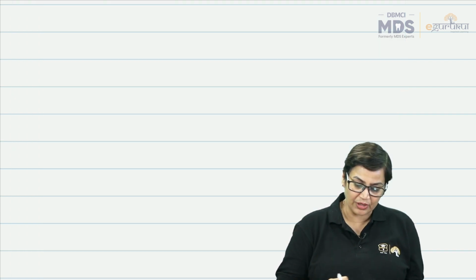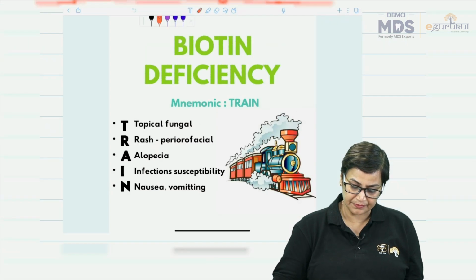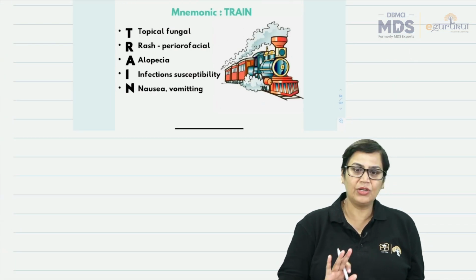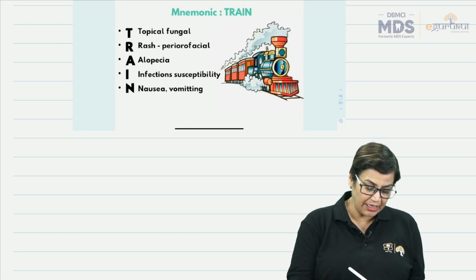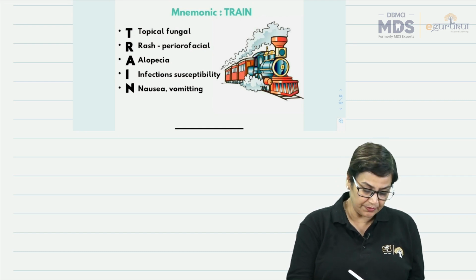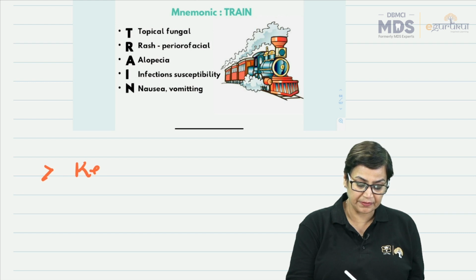And another very important feature about this is, ये तो mnemonic हो गया, then biotin deficiency also leads to ketosis.